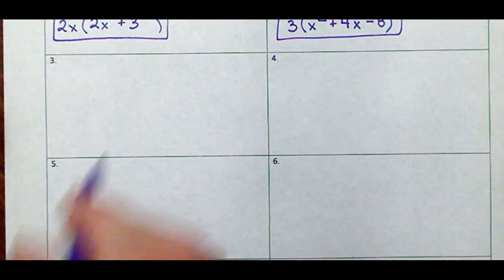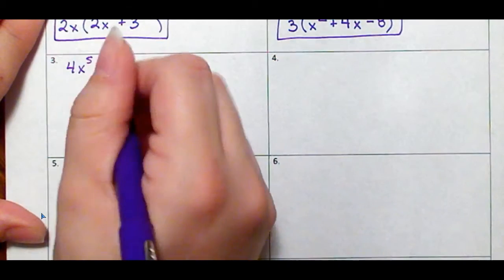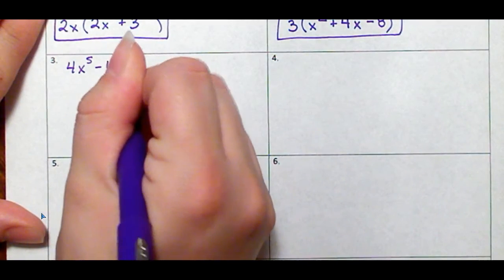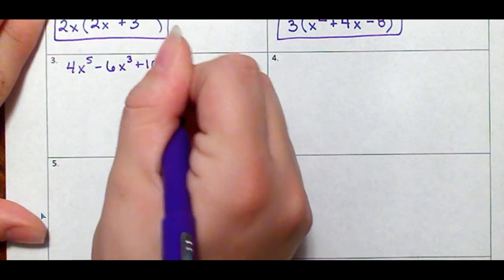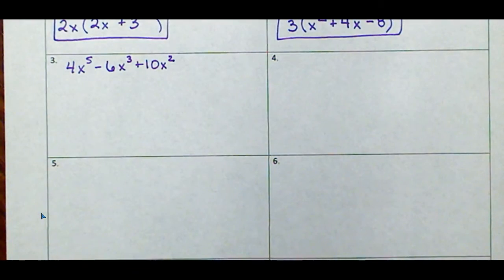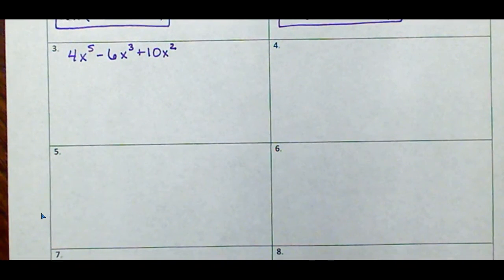So number 3 is going to be 4x to the 5th minus 6x cubed plus 10x squared. So let's not write out all the factors this time. Let's see if we can just look at the numbers and figure out what's going to go into all of them evenly. So 4, 6, and 10. We all know that there's going to be a 1 that goes in there. So if they have nothing in common, we just put a 1.